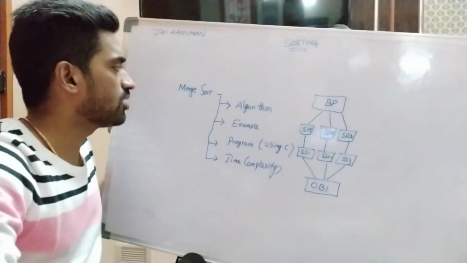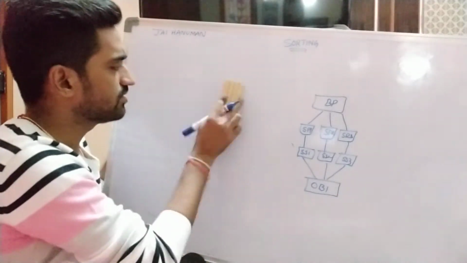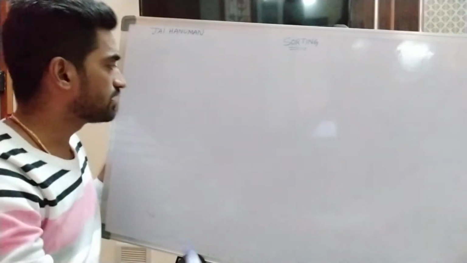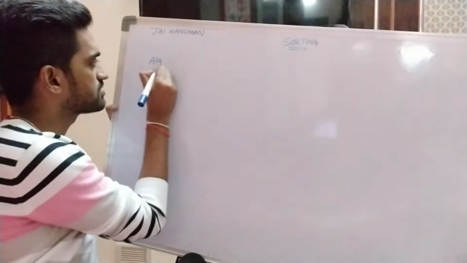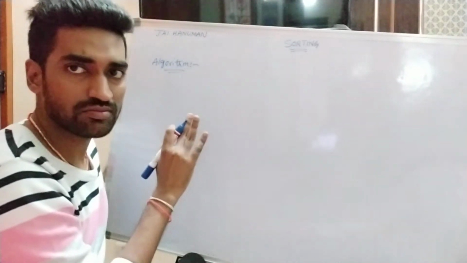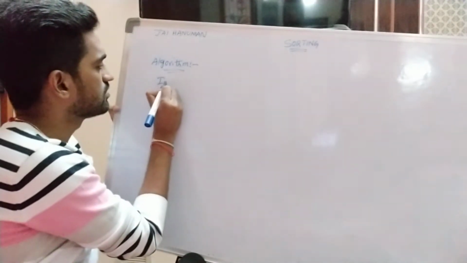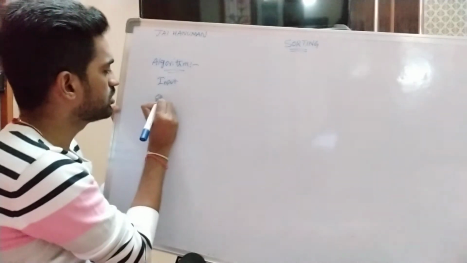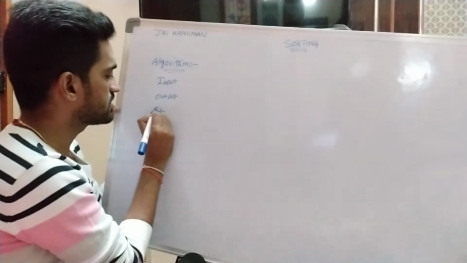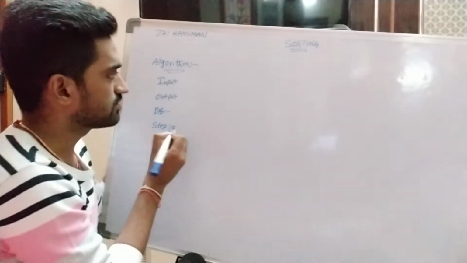Then we discuss the algorithm for merge sort. We know very well the major elements of an algorithm. For each and every algorithm, I am considering four major elements: what is the input, what is the output, what is the data structure, and what are the steps to implement that mechanism.